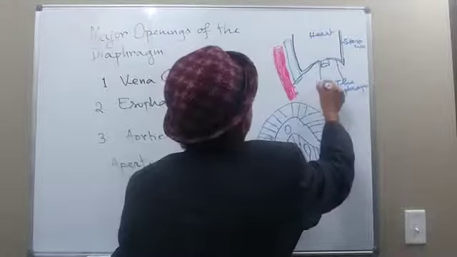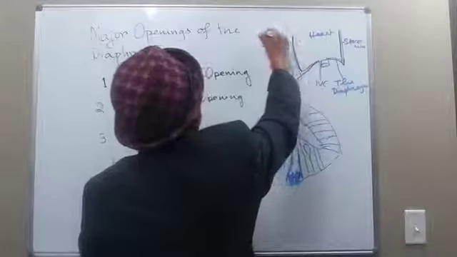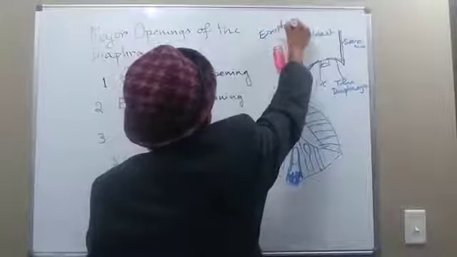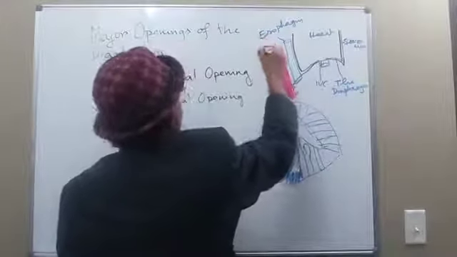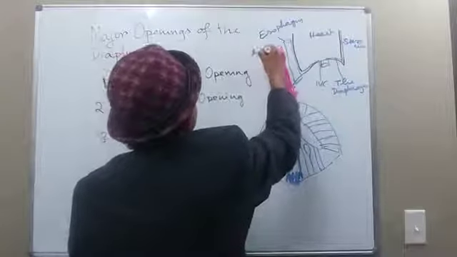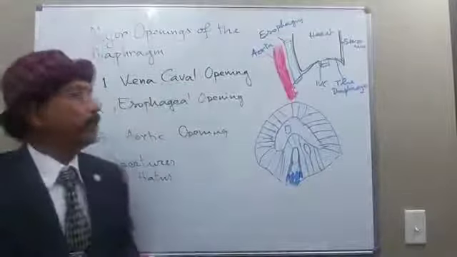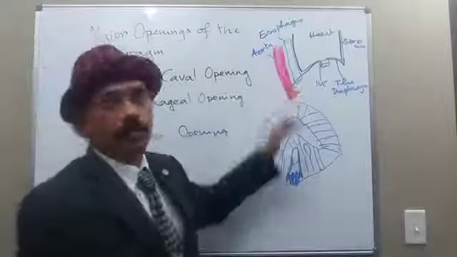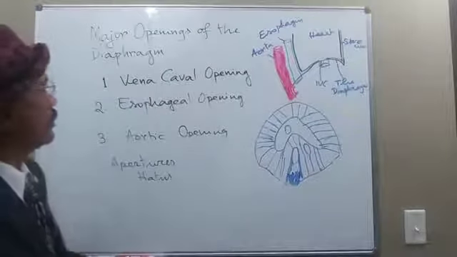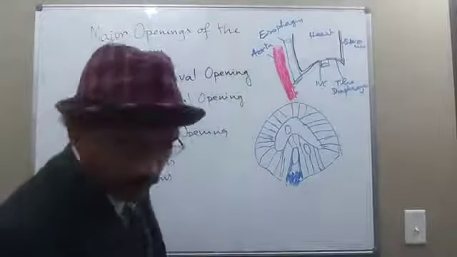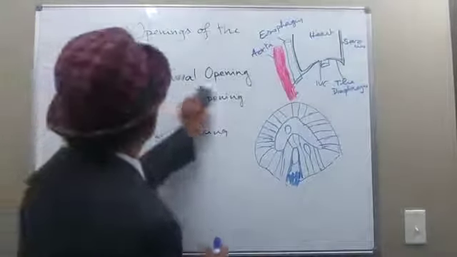This is the IVC, inferior vena cava. This is the esophagus, and this is the aorta, in the thorax the descending thoracic aorta. Aorta in the abdomen is the abdominal aorta. Okay, we got that. So we'll now study the openings individually.